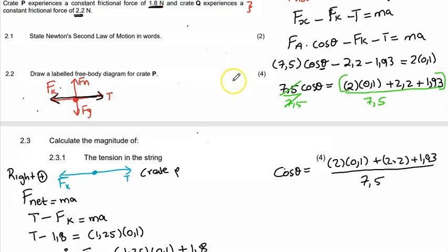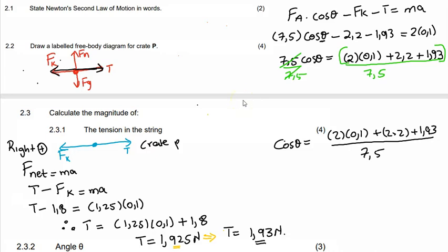So I'm just avoiding making mistakes. Therefore, not the cos of theta, but theta, remember to make theta the subject of the formula. Theta will be the cos inverse. So theta is just the cos inverse of 2 into 0.1, we add 2.2, we add 1.93, and everything is divided by the 7.5.